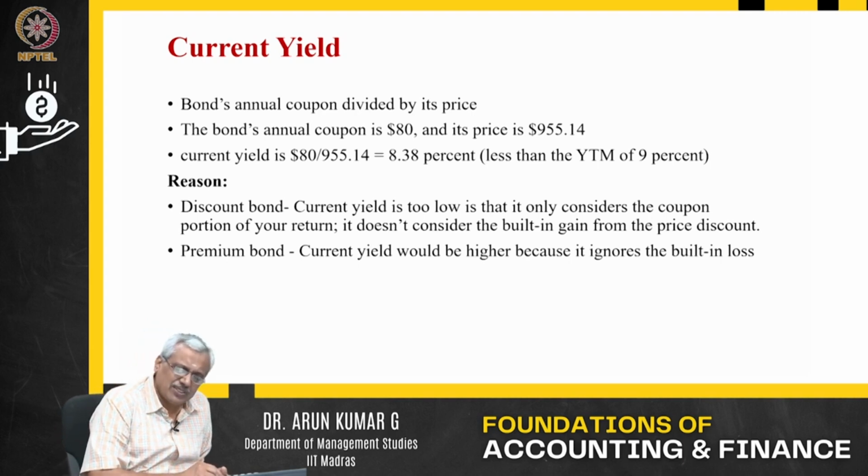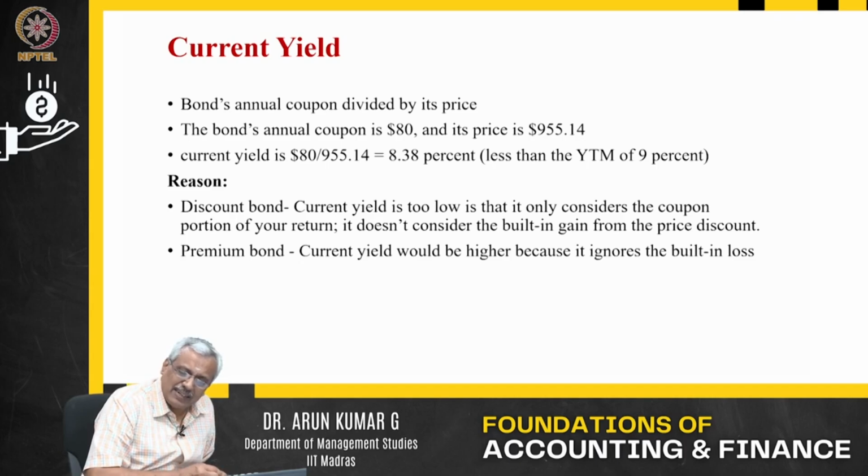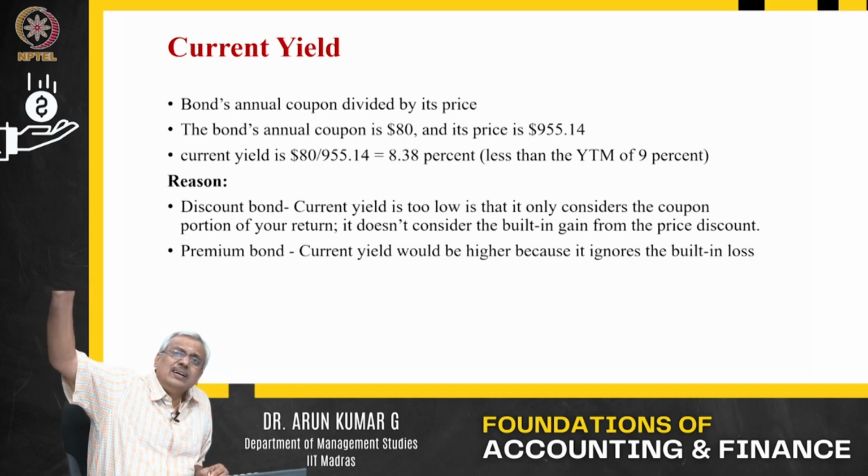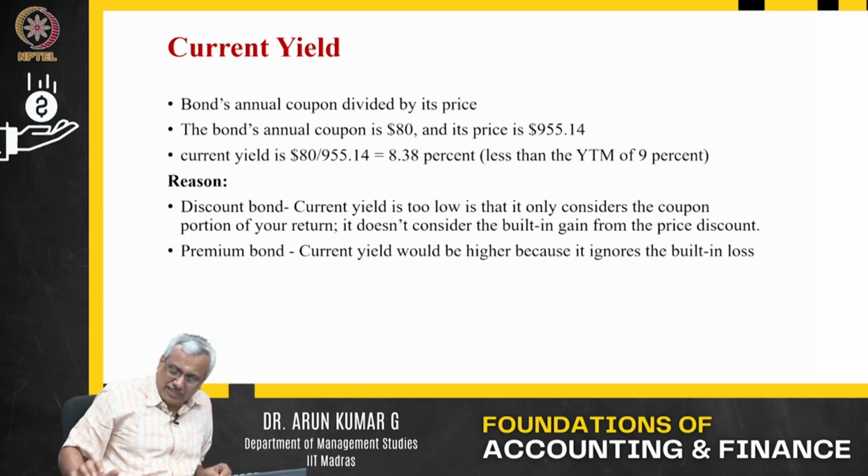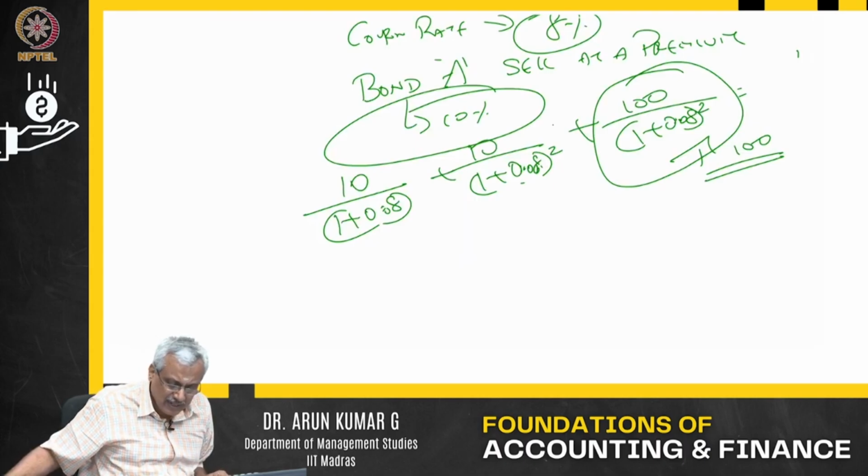Now we can say, for discount bonds, current yield is too low, because it only considers the coupon portion of the return. It does not consider the built-in gain from the price discount. Built-in gain means till the repayment of the principal, because even the principal is getting discounted at 12%, as you saw on the whiteboard I used.